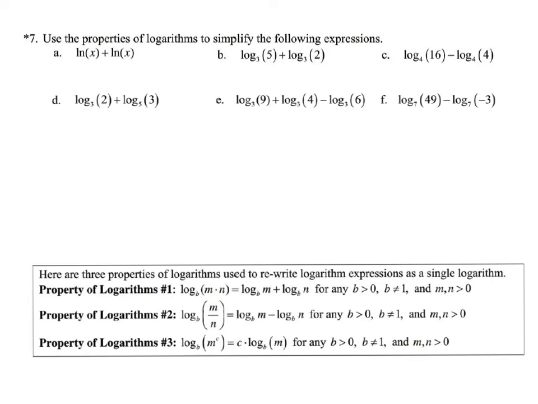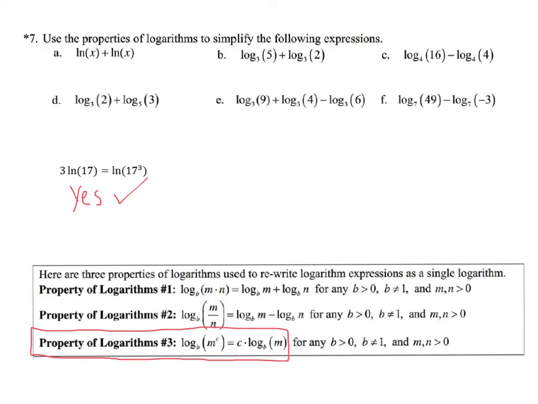For example, I can say that 3 times the natural log of 17 is equal to the natural log of 17 raised to the third power, because this is the form of property number 3. Also, remember that ln just represents log base e.